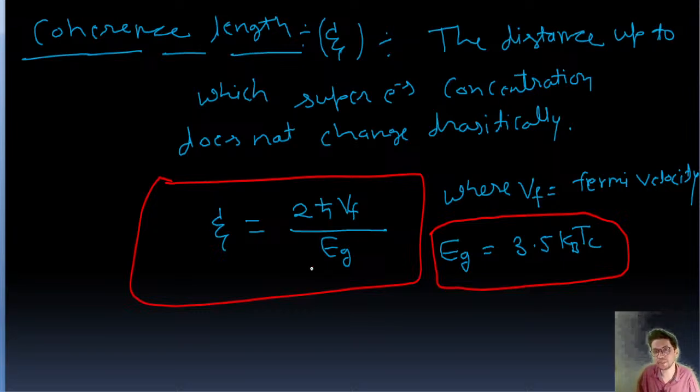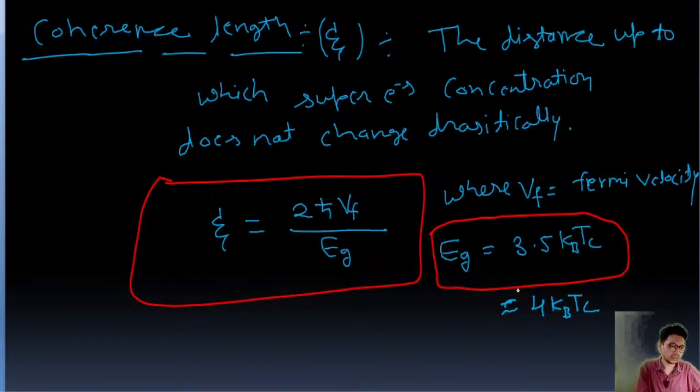So Eg is equal to 3.5 kB Tc, which is almost equal to 4 kB Tc. Okay, guys, so this is the coherence length.